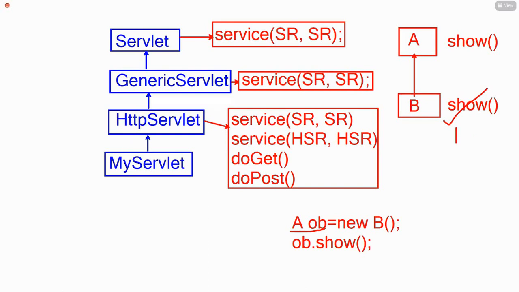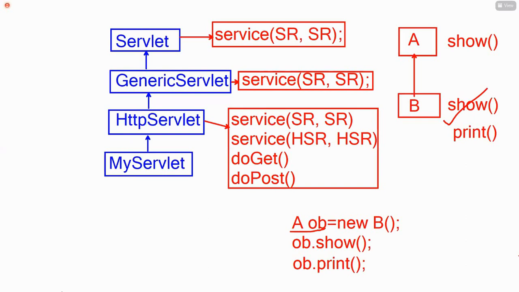Suppose here a print method is there. One more: here ob.print. What will happen? You are getting confused, no? That means Core Java is most important.